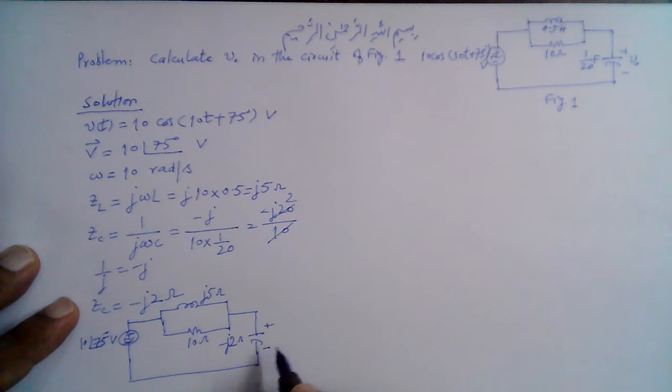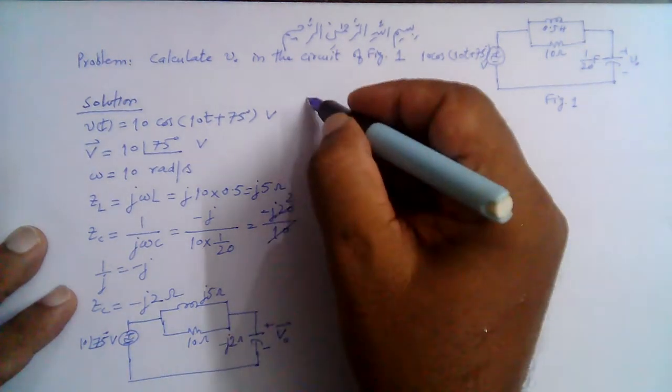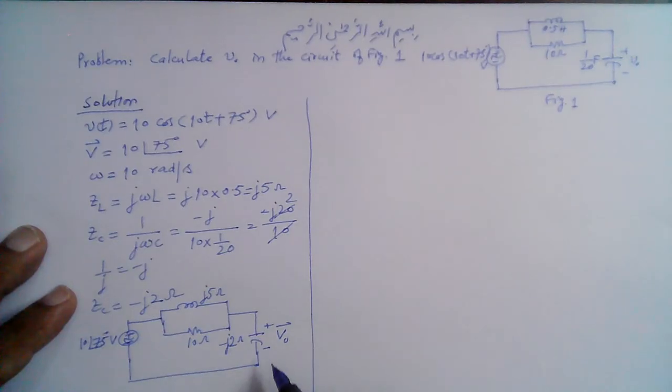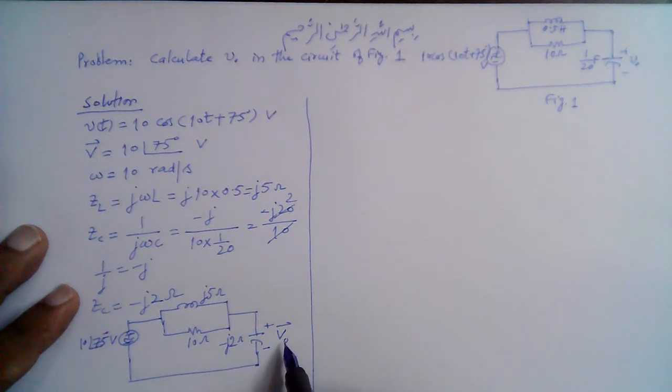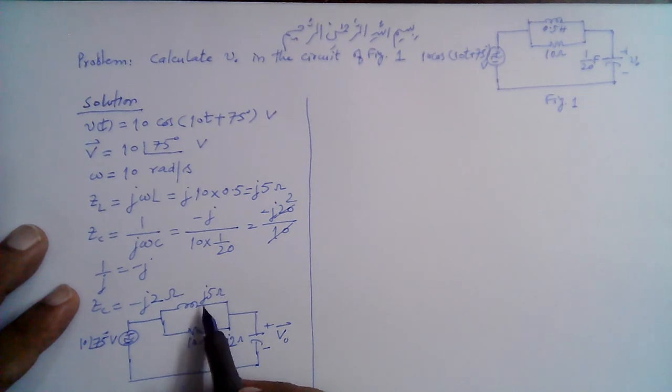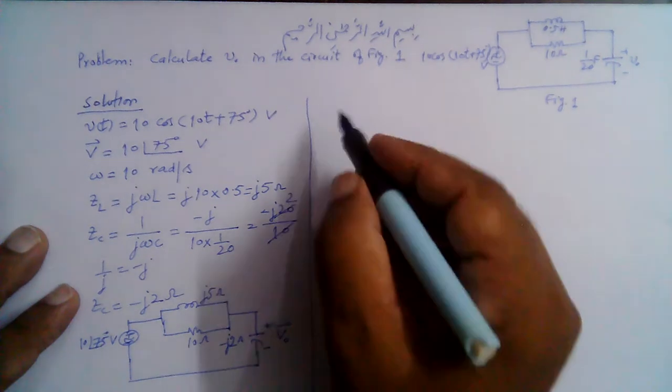And we are interested in voltage V naught. Let it be represented in this phasor domain like this, V naught. So we can find V naught if we find the equivalent impedance of this parallel combination and then use the voltage divider rule to find V naught. So let's call this J5 as Z1.